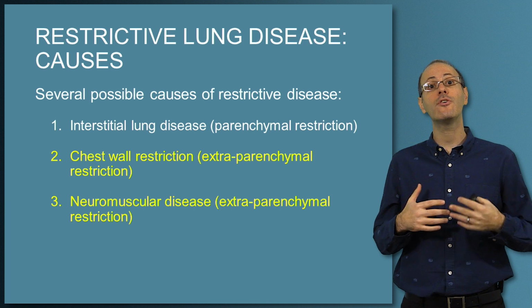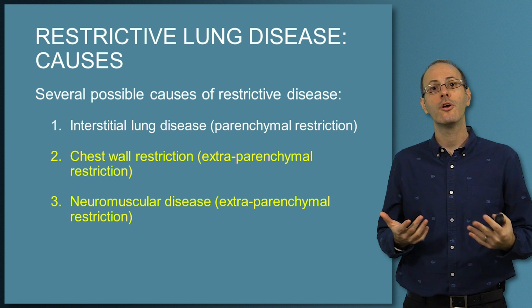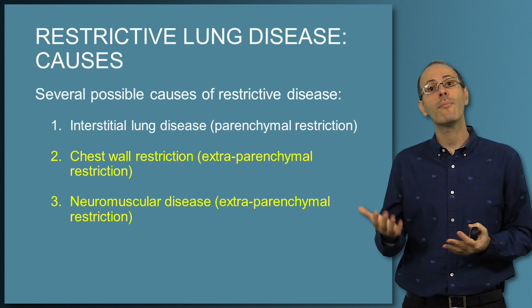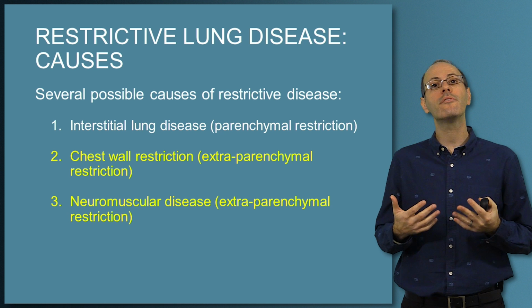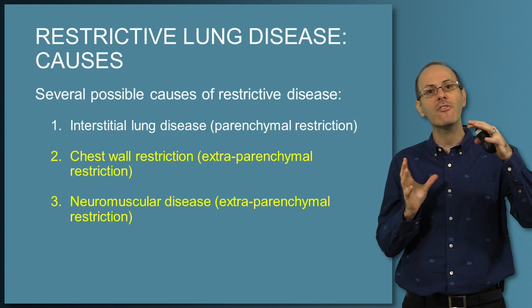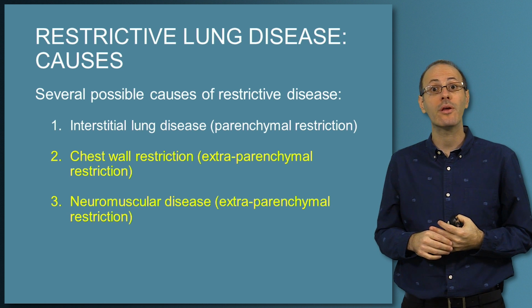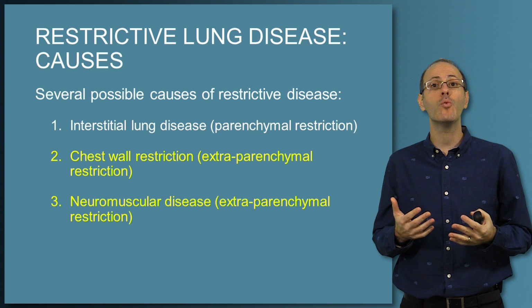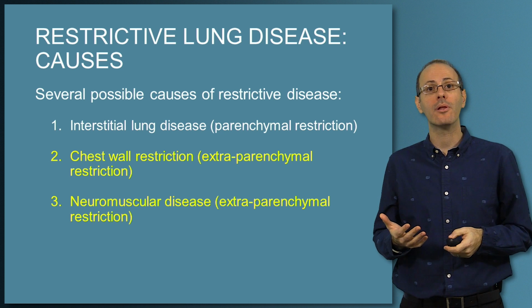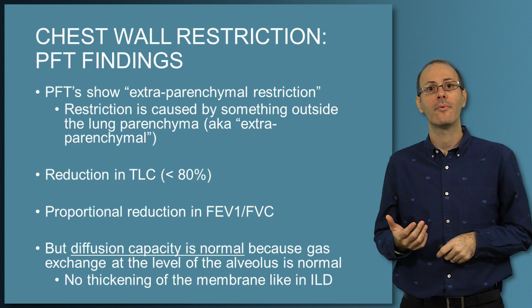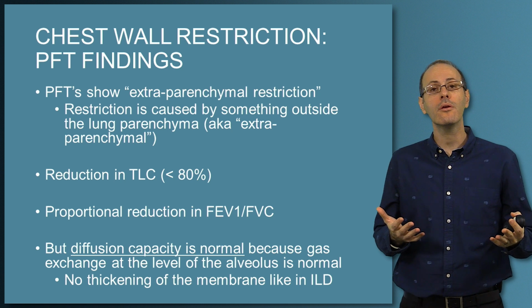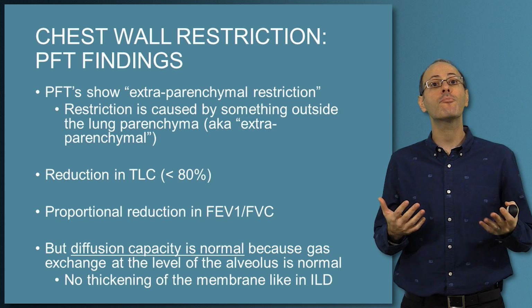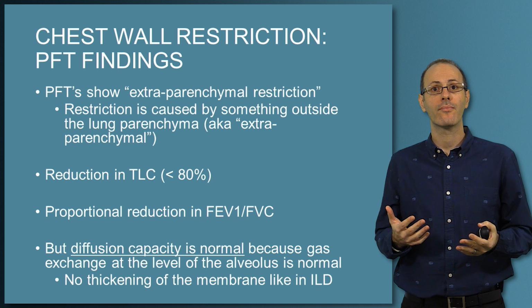Now let's contrast that to the other two types of lung restriction, chest wall restriction and neuromuscular disease. In these conditions, the lungs themselves are normal, but the lung is being squished from the outside for some reason. This leads to what we call extraparenchymal lung restriction. In chest wall restriction, patients will have this extraparenchymal lung restriction picture.